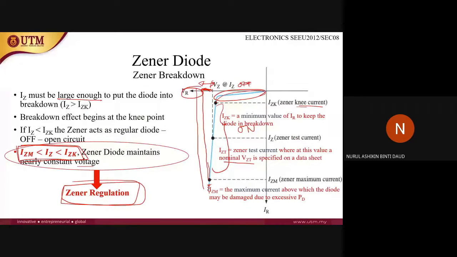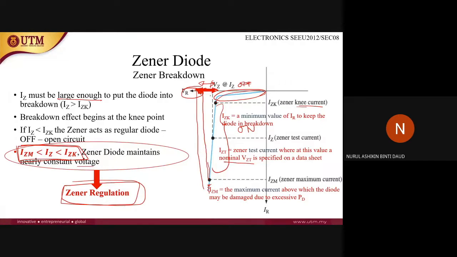Usually, in a circuit, if you include a Zener diode, it is set to operate only at this certain value of voltage. If you see this small change, the voltage change here is very small.